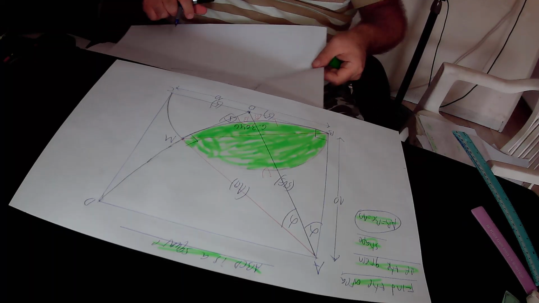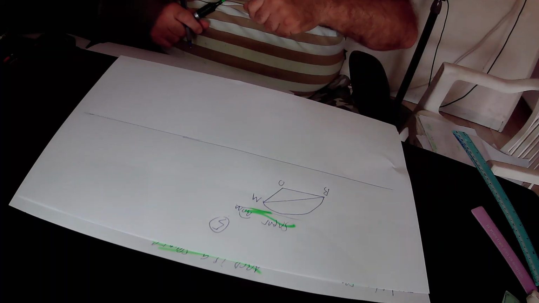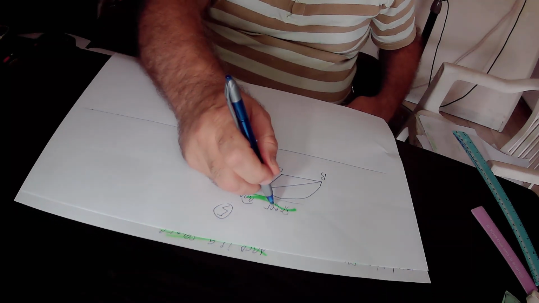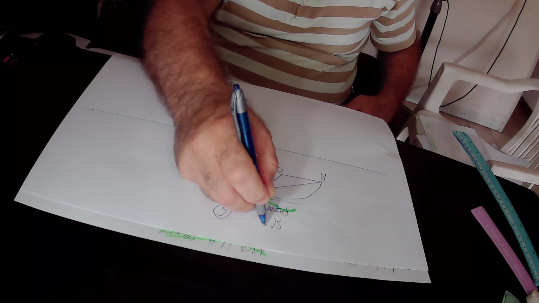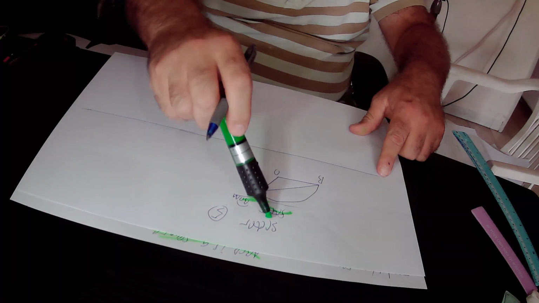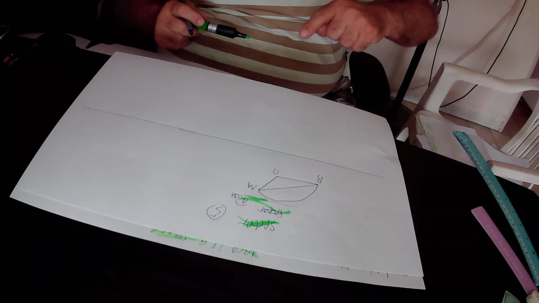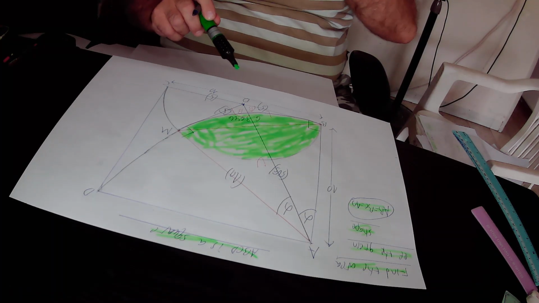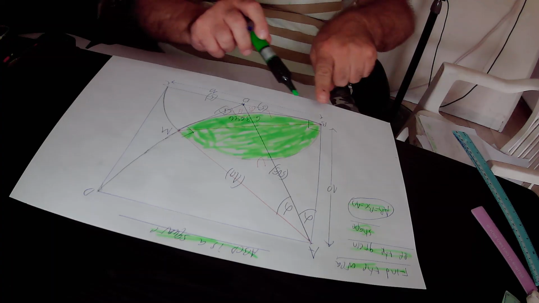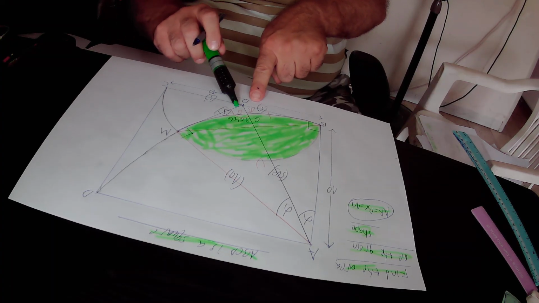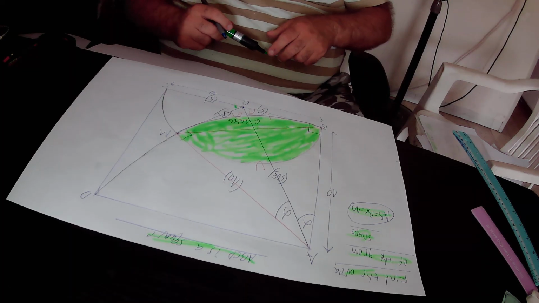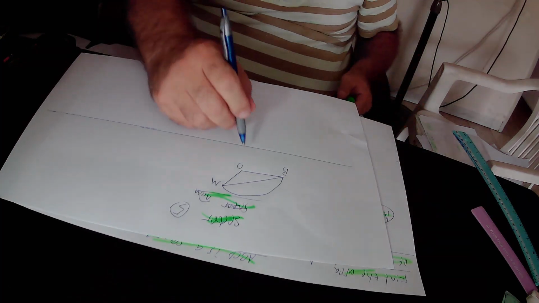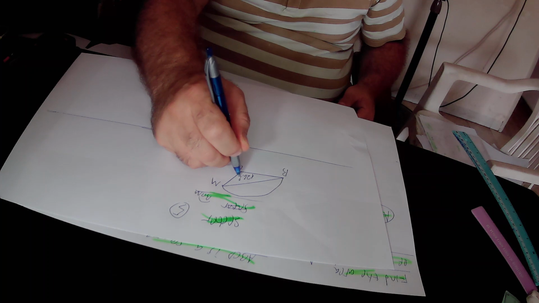So actually, this is sector BOM coming from the original drawing. This is angle BOM, which equals 2 beta, and 2 beta equals 126.87 degrees. So angle BOM equals 126.87 degrees.